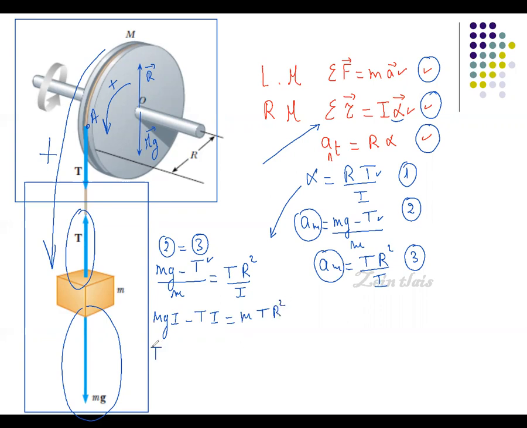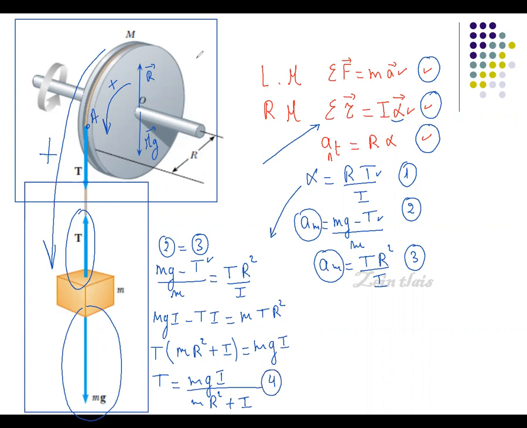So we can take T as a common, m r square plus I equals mg I. So T equals mgI divided by mr square plus I. This is the equation 4.